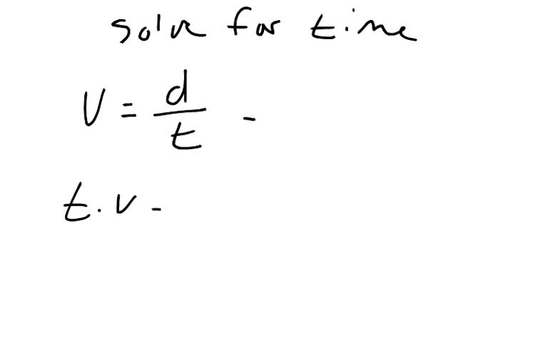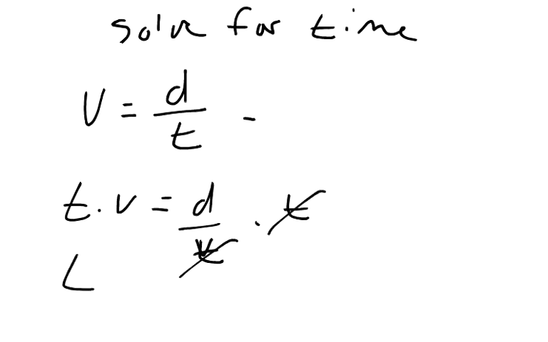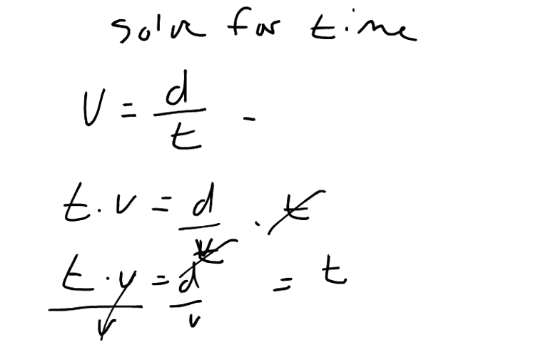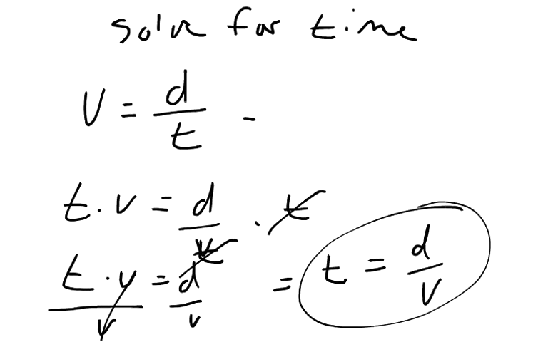So t times v equals d over t times t. The t's cancel each other out, so you end up with t times v equals distance, and then you can divide by v on both sides to get t, because the v's will cancel out. t equals d over v.